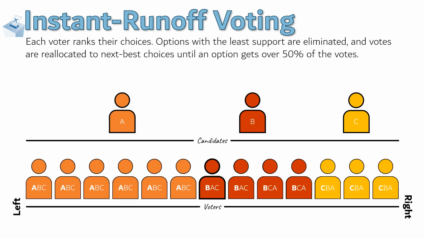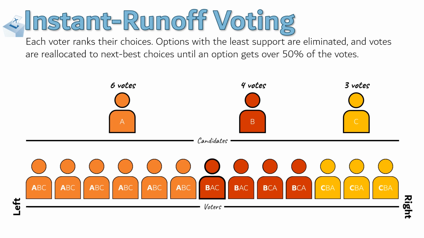We can see this in action with our previous set of voters. The orange party candidate will be A, the red party candidate will be B, and the yellow party candidate is C. Written on each voter is how they would rank the candidates. If we tally up the top choices of each voter, we get 6 votes for A, 4 votes for B, and 3 votes for C. No candidate has a majority yet.